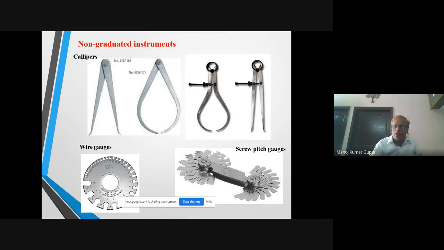In the British system, it is BSW threads, and in the case of pipe threads, it is British Standard Pipe Thread. In India, we use only metric threads, but in America, we use the ANSI system, American National Standard. There the system is different, but in India it is metric threads.